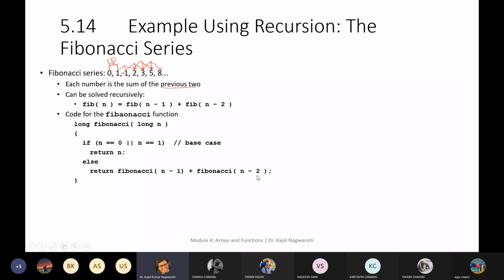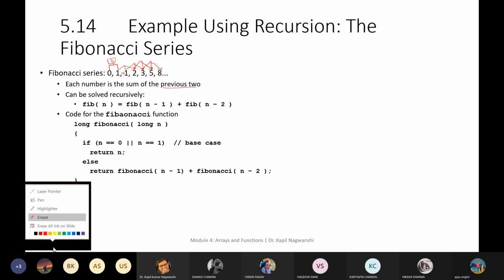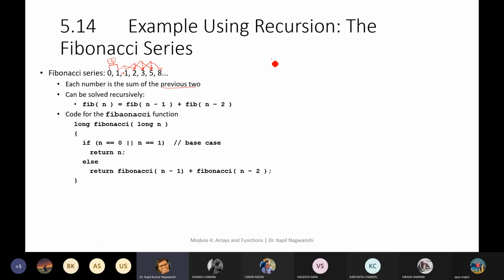So let us solve this step. Initially, suppose we have called F5. I am writing it as F instead of writing Fibonacci, because it is a very long word to write.